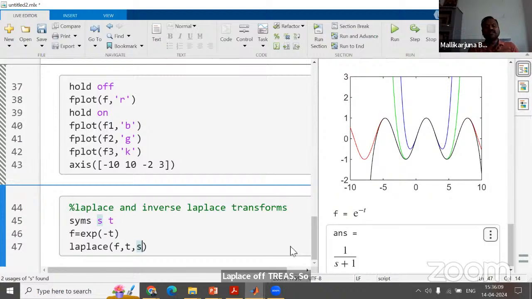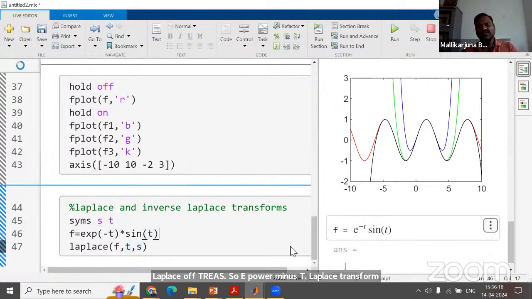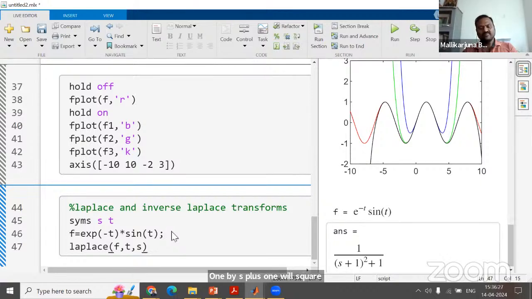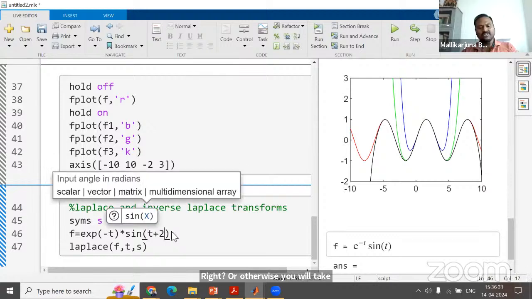So e power minus t, Laplace transform. Or e power minus t into sin t. What will you get? 1 by s plus 1 whole square. Or otherwise, you take sin of t plus 2.